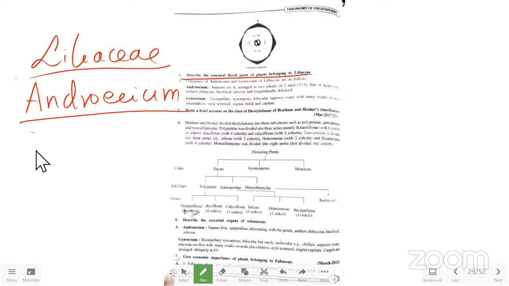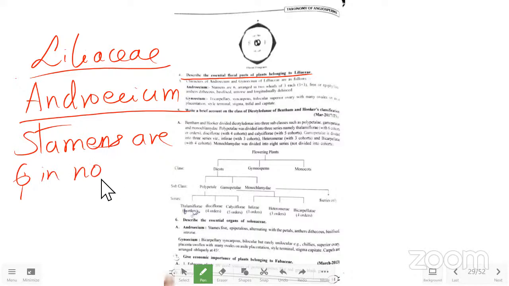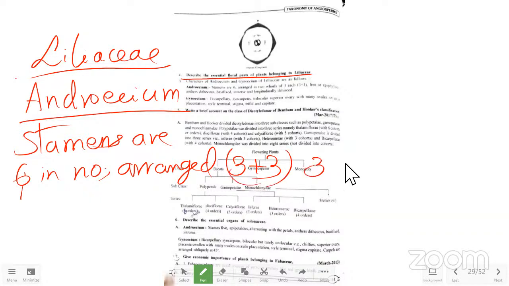So here stamens are six in number, arranged 3 plus 3, that is, 3 in each whorl. Whorl means a circle.